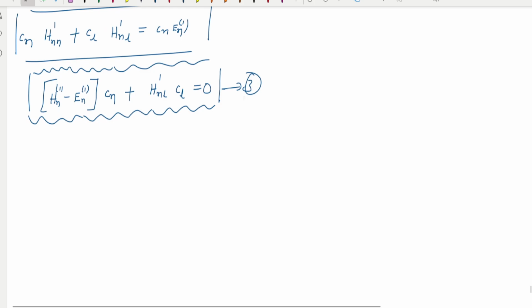Now multiply equation number 2, same thing.